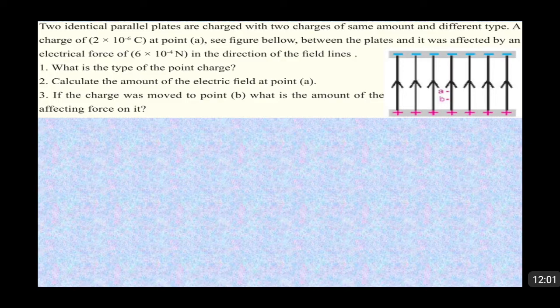It was affected by an electric force of 6 multiplied by 10 power negative 4 Newton in the direction of the field lines. First, what is the type of the point charge? Secondly, calculate the amount of the electric field at point A. Third, if the charge was moved to point B, what is the amount of the affecting force on it?